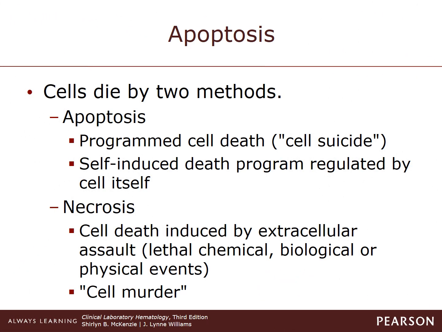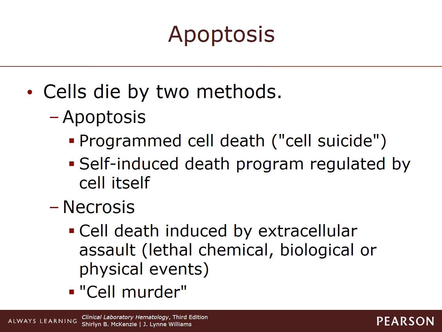Two major mechanisms for cell death: necrosis and apoptosis. Necrosis is a pathological process caused by direct external injury to the cells. For example, a burn, radiation, or toxins. Apoptosis is a self-inflicted cell death originating from the activation signals within the cell itself.